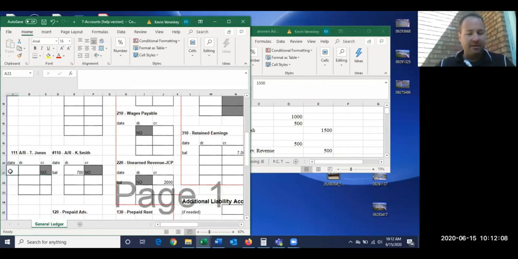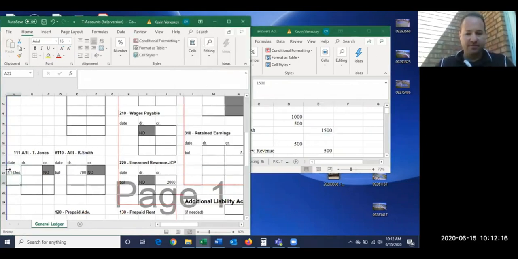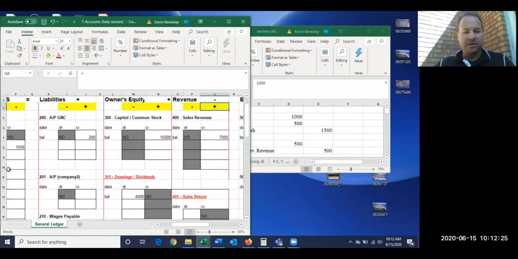And I think I like that better. I think I like putting it right there where it should be. So this was on December 11th, 12-11. $500 is what T. Jones owed me because I did my job.